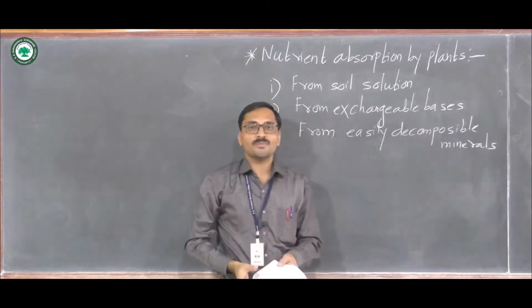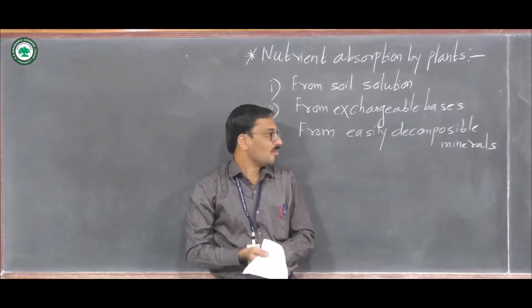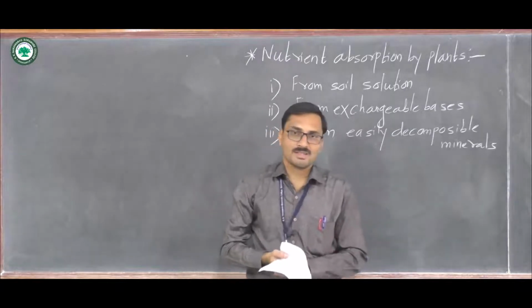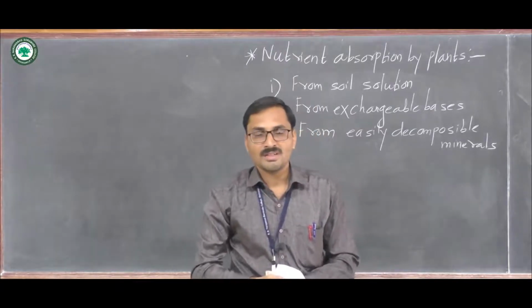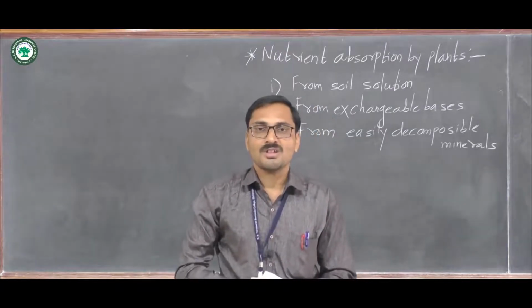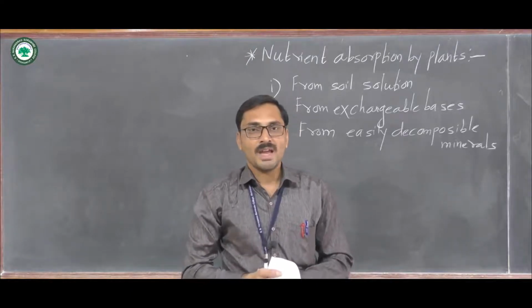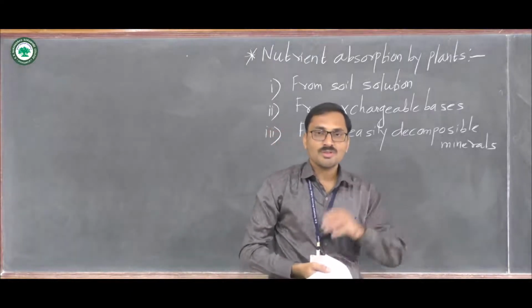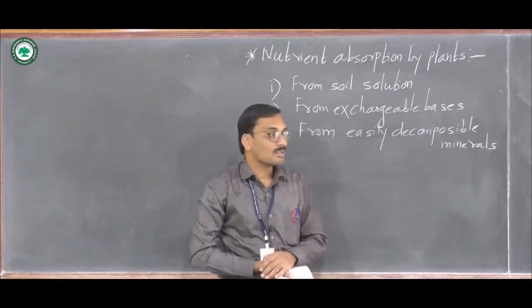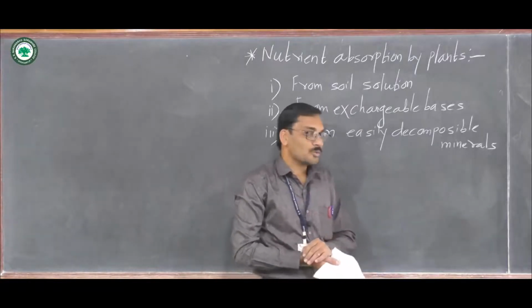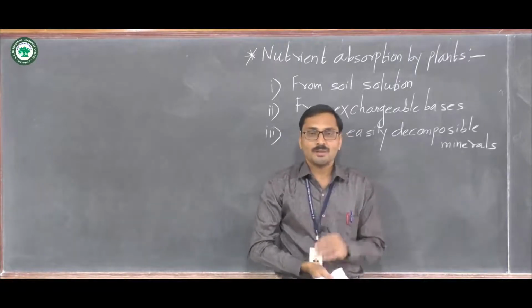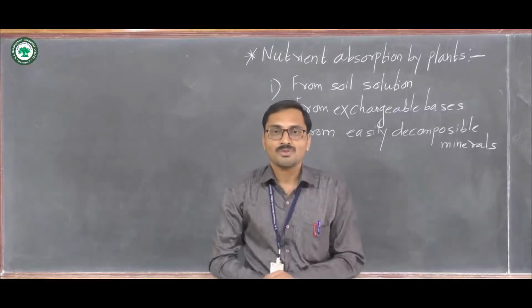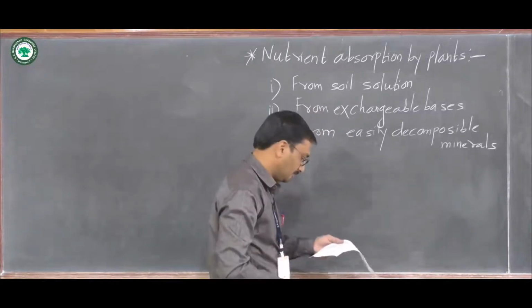In the soil there is a huge amount of minerals, and some minerals can undergo decomposition, some minerals can remain as they are. Those minerals which can easily undergo decomposition, then that decomposed mineral can be absorbed by the plant.